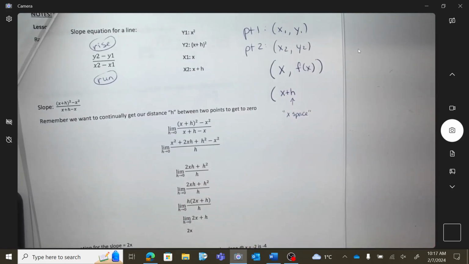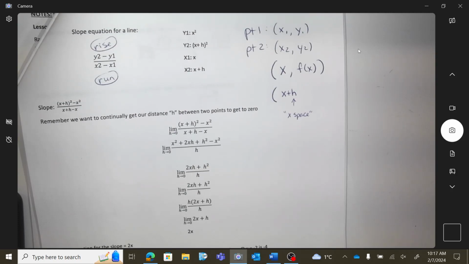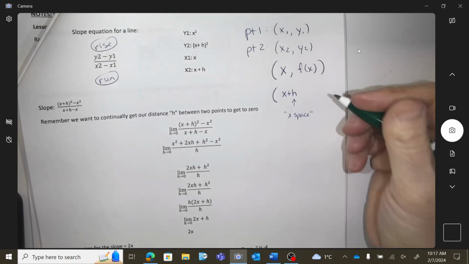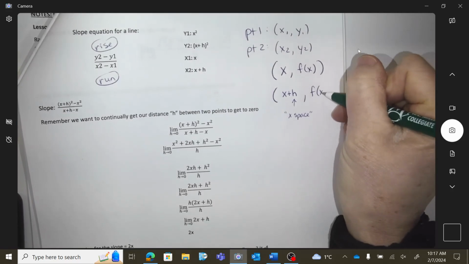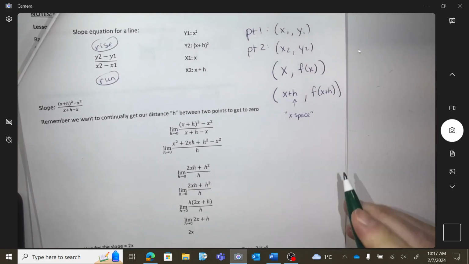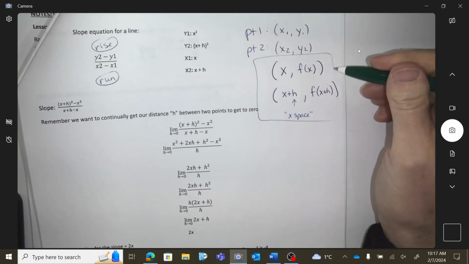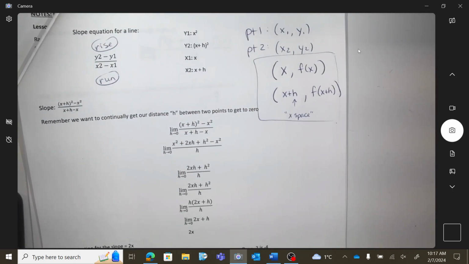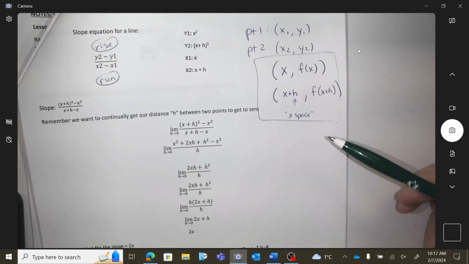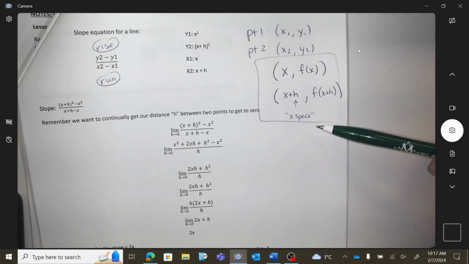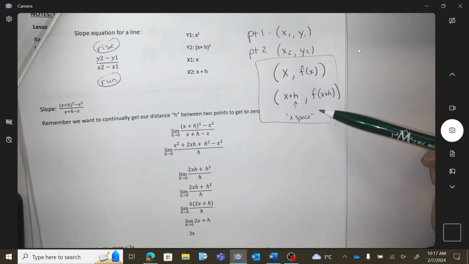And what does h mean? It means that little bit of space, that x space. We're adding a little bit, and we don't want that little bit. Eventually, we want that little bit to be 0, right?